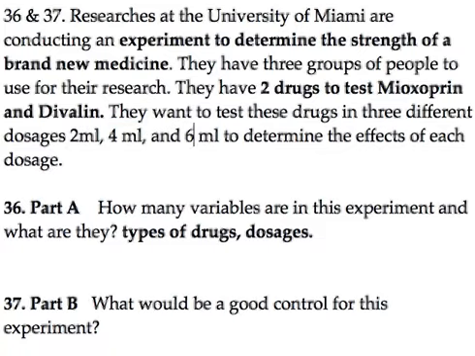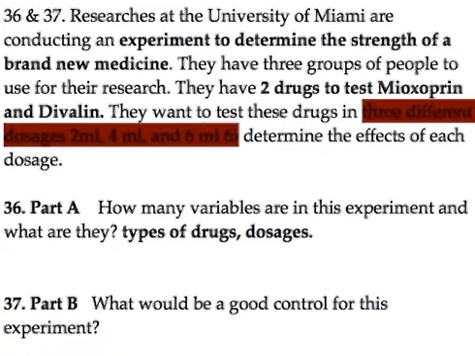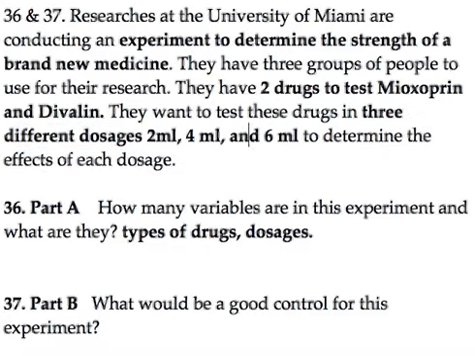And three different dosages. Now sometimes you guys get confused and you think, okay, two drugs, that's two, and then three dosages, that's five. Or you multiply. I don't understand that rationale, but some of you do it. You have to think about it a little bit differently. Think about it in terms of how many different types of things they are testing.